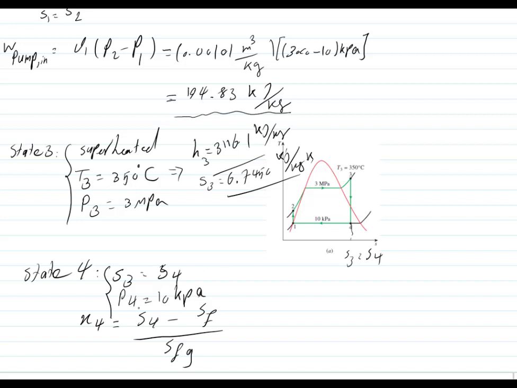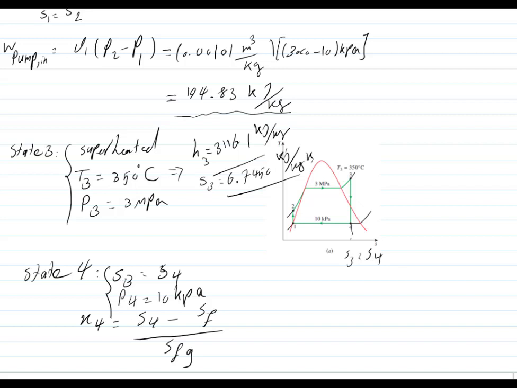So we know it is in this region. With this information, P4 is 10 kilopascal and the state is in the saturated vapor area or mixture region, we should go to the tables again and see if we can find this sf and sfg for state 4, because we know how much is the entropy for state 4.